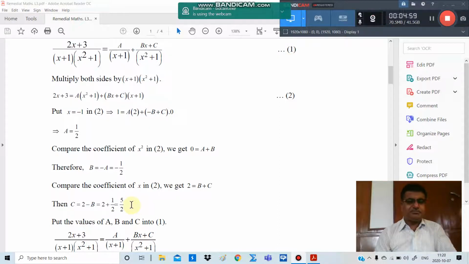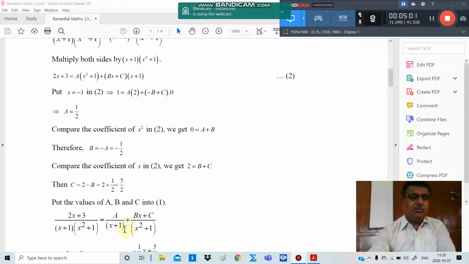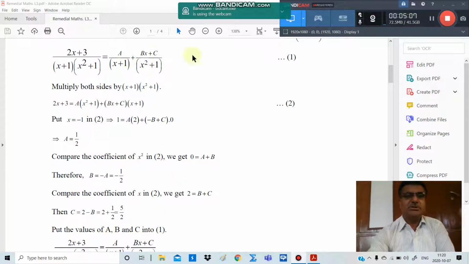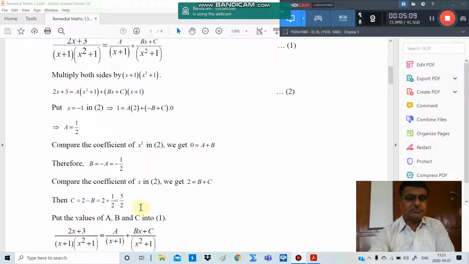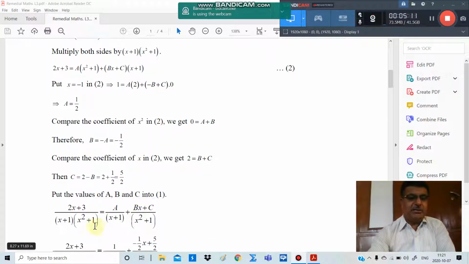Now put the values of a, b and c in equation first. We get (2x plus 3) upon (x plus 1) into (x square plus 1) is equal to a upon x plus 1 plus bx plus c upon x square plus 1.